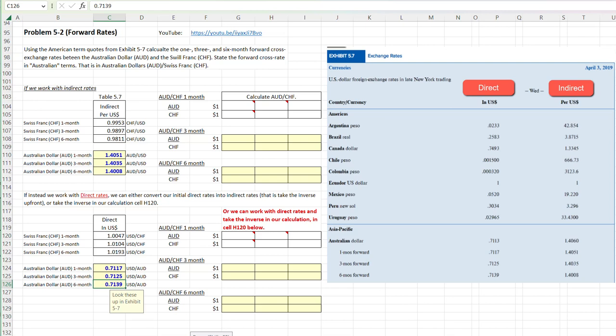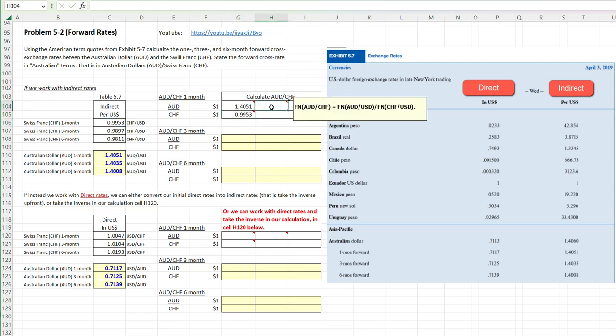We can calculate our cross rates either using indirect quotes or direct quotes. Let's begin with our indirect quotes. 1 month from now, $1 will purchase 1.4051 Australian dollars. $1 will purchase 0.9953 Swiss francs.